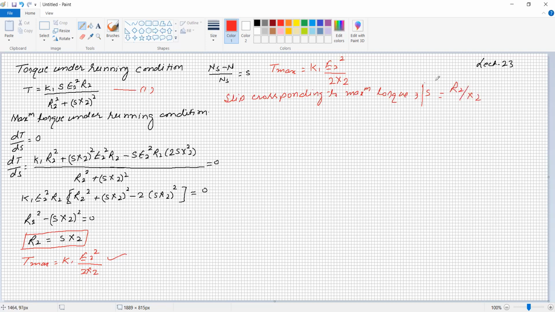This is one more relation we get, and this is called the slip at maximum torque. Now we can conclude the first point.